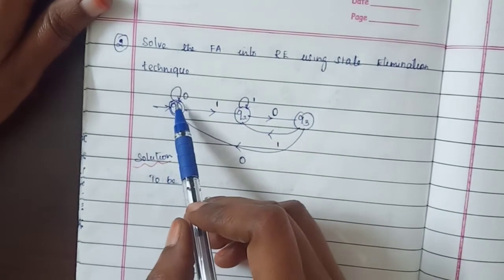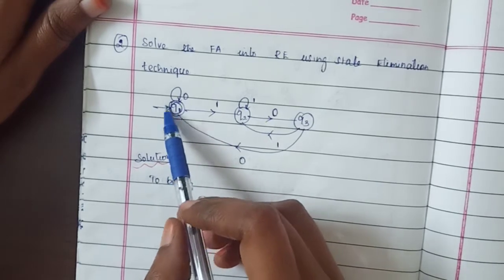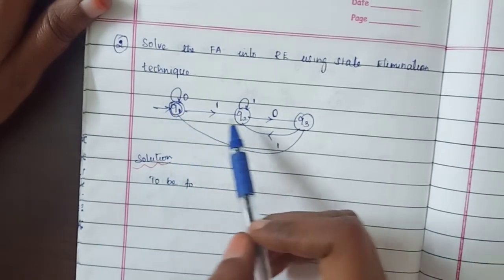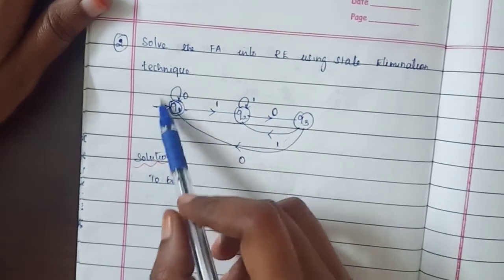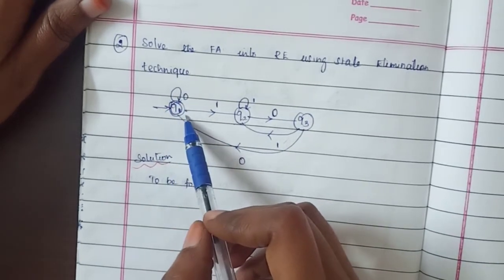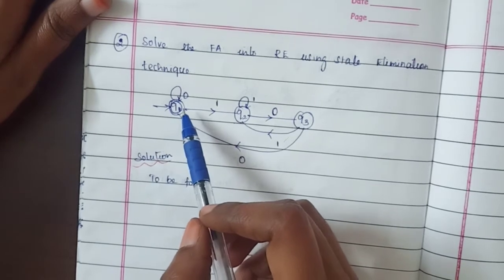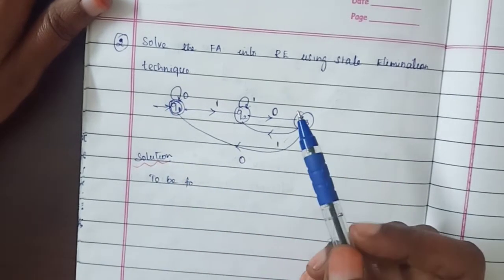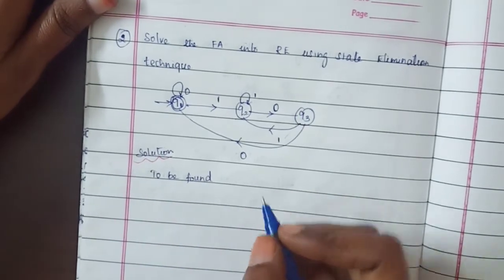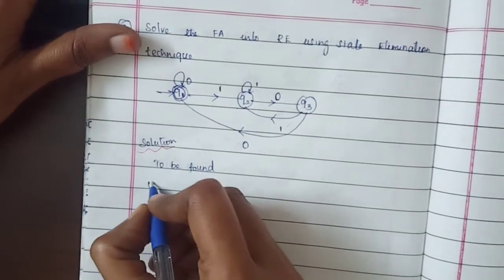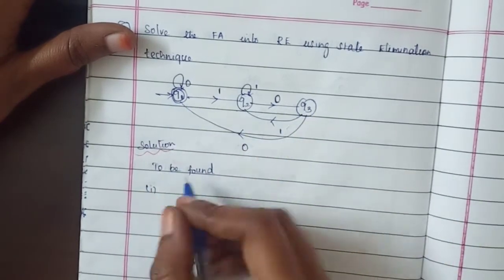Here both the starting state and final state are the same. Then we have to eliminate q2 and q3, and this will be the final regular expression. So we need four cases to be solved here.